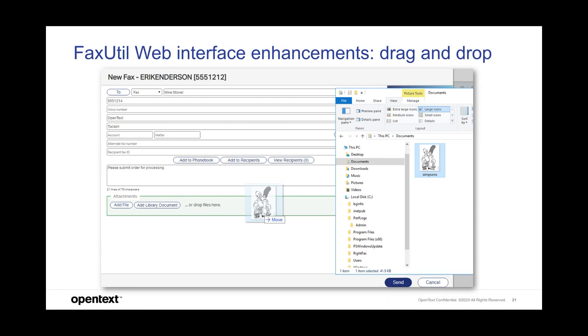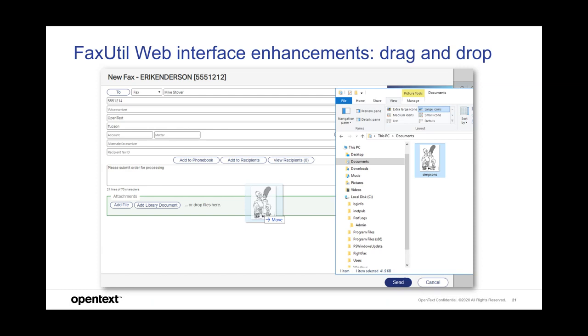One other thing that we added was complete drag and drop capability. You can open up a new fax from either FaxUtil or FaxUtil Web, open up a folder in Windows, and drag and drop a file directly to the new fax interface. That's what it looks like. The box turns green, you can let go, drop it in, and voila. Your document has just been attached to the fax.